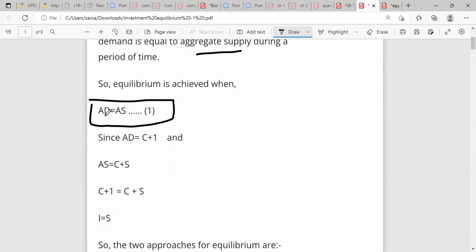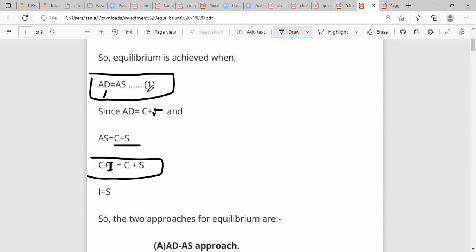Okay, and you know what AD is? AD is basically C plus I. And what is AS?